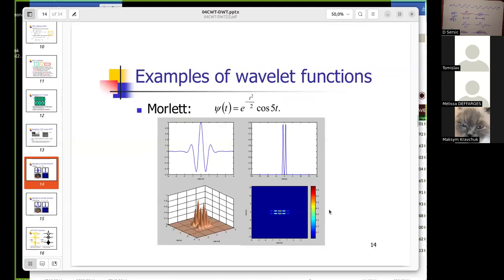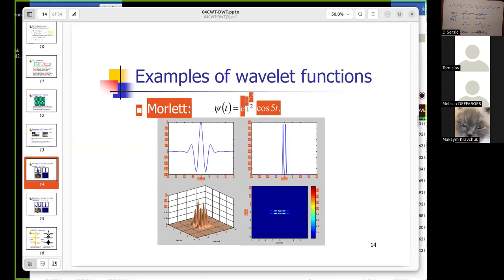It looks like what to choose for our wavelet function. I just had some proposals right here. Instead of having cosine and sine, we can have only a cosine function. It's called the Morlet wavelet.